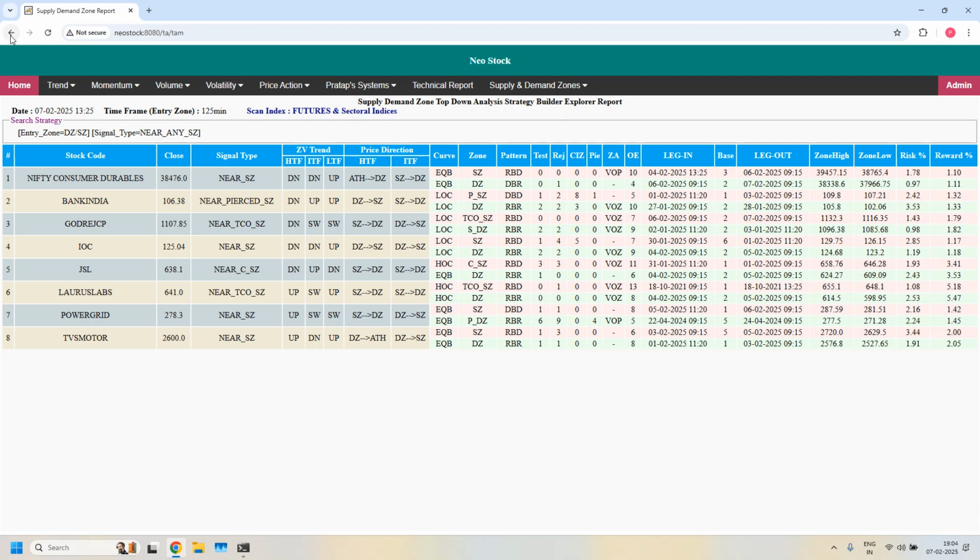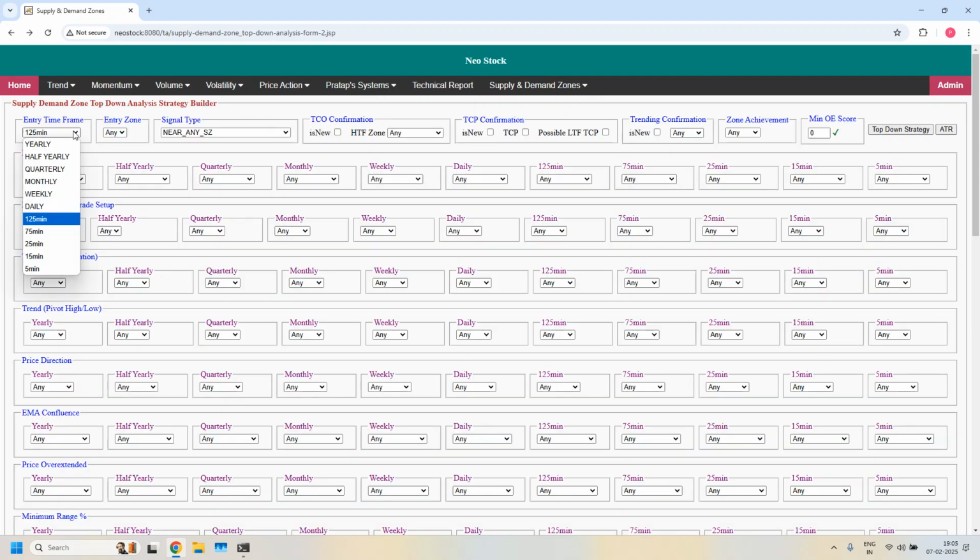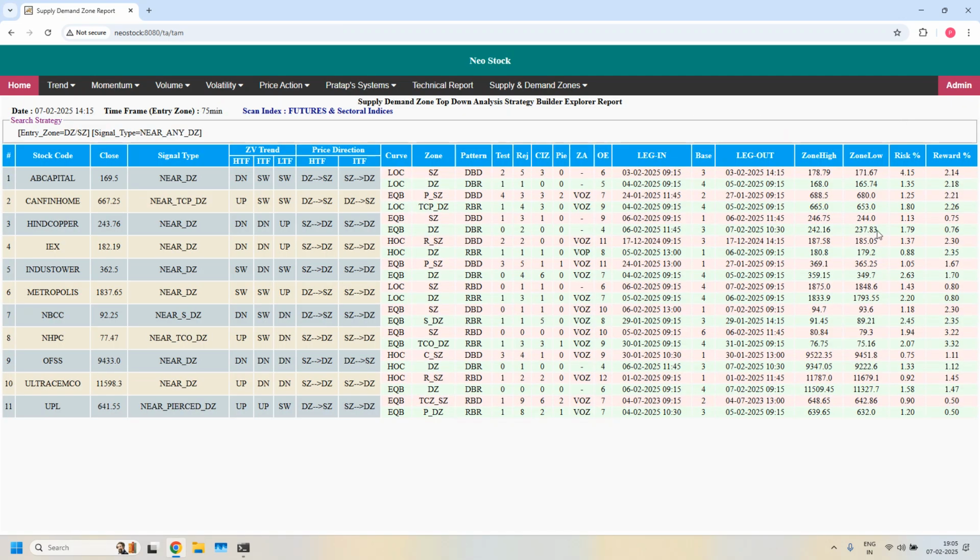Next time frame is 75 minutes. Entry time frame 75 minutes. Let us find the stocks near 75 minutes demand zone. We got 11 stocks. Out of these 11, let us identify 75 minutes high liquidity demand zones.